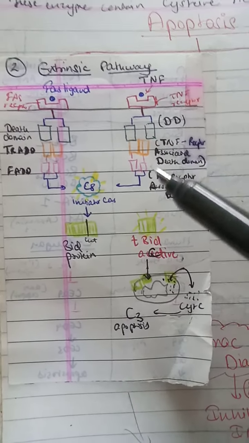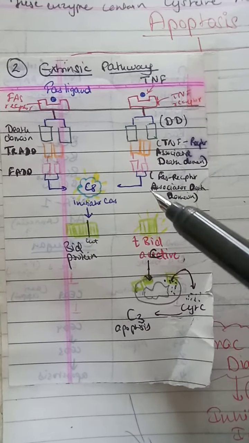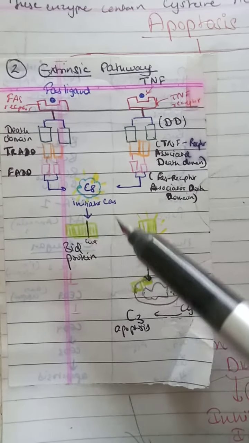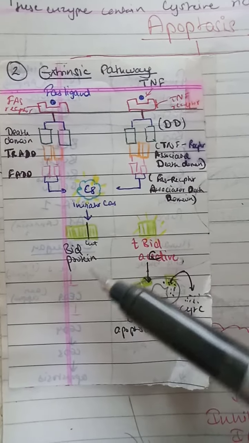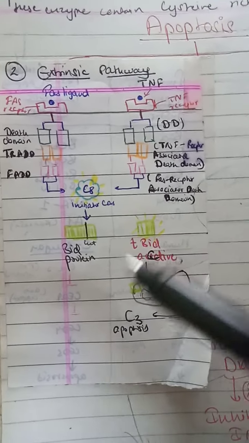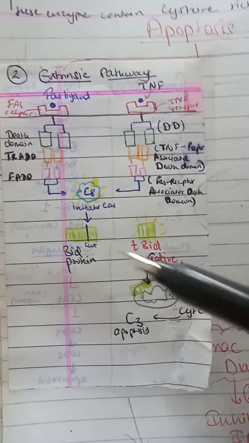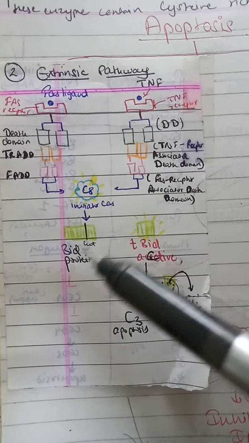After activation of these two factors, it will activate the initiator caspase that I already discussed, caspase 8. And there are a few proteins that I already discussed in the earlier video, which are pro-apoptotic. One of them is the BID protein.